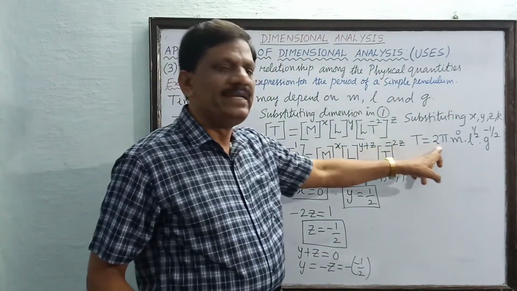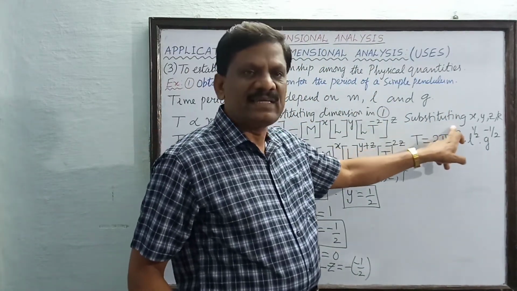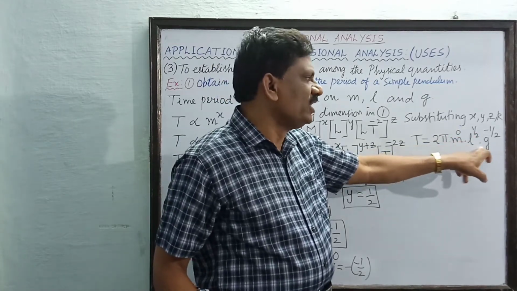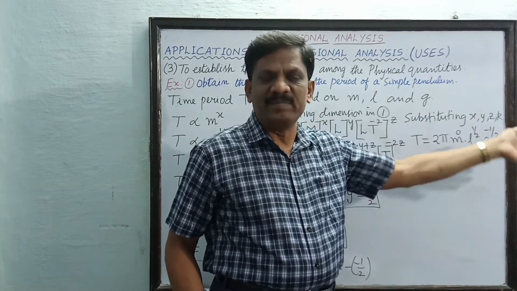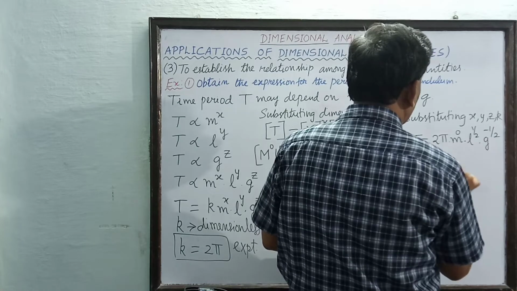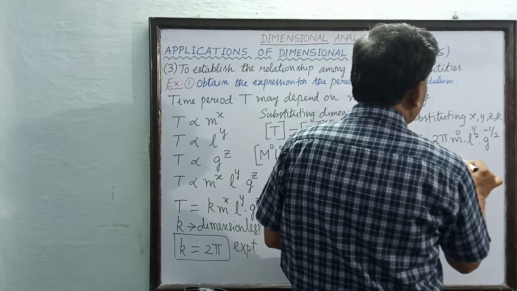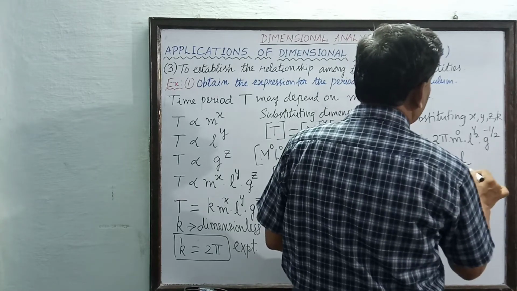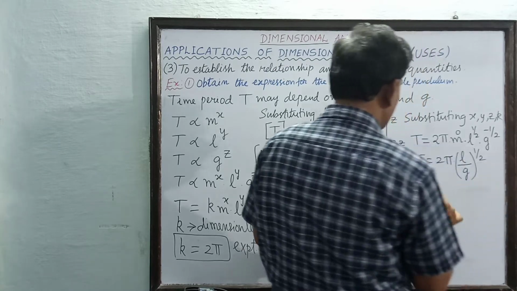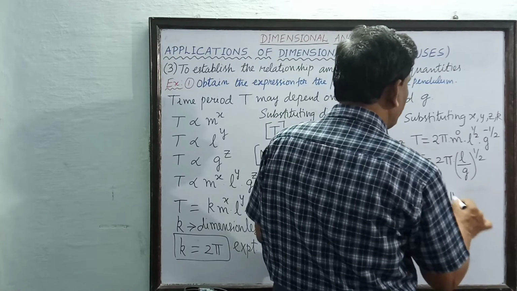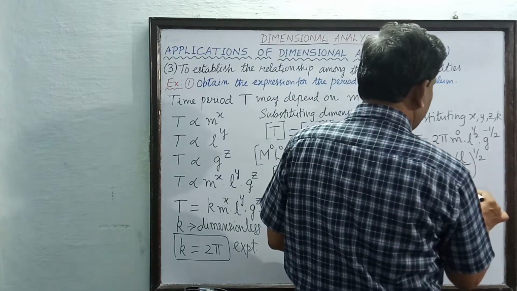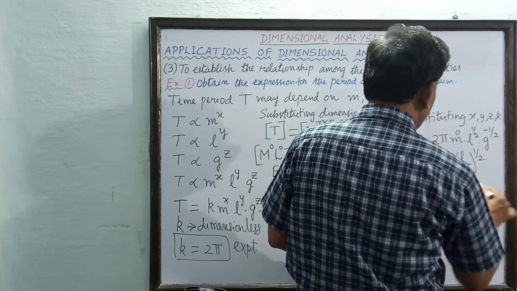So 2 pi is the value of k, m raised to the power x, x is 0, L raised to the power 1 by 2 and g raised to the power minus 1 by 2. That means it can be written in the denominator. So this is t is now equal to 2 pi into L power half divided by g power half. So whole power half, or t is equal to 2 pi into whole power 1 by 2 is square root. So this is 2 pi into square root of L by g.